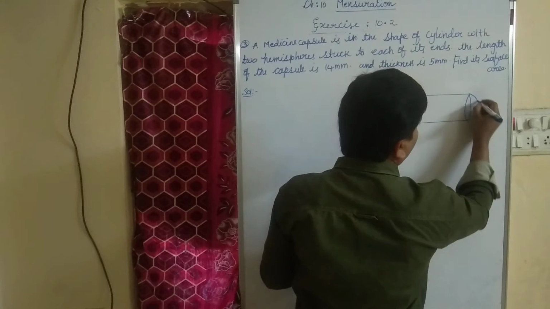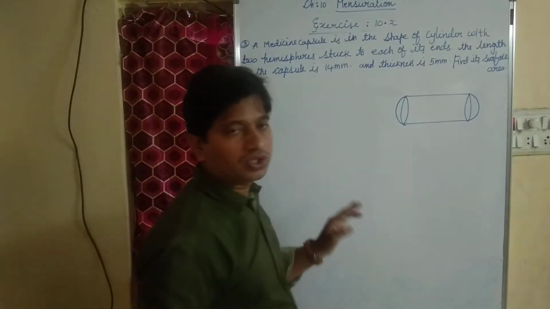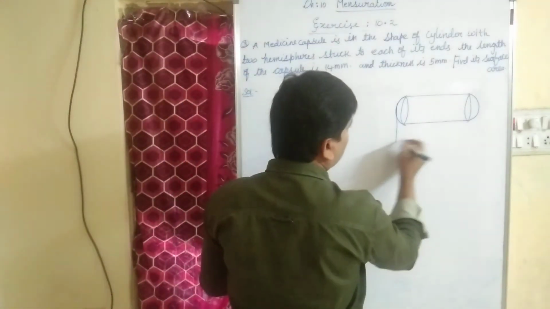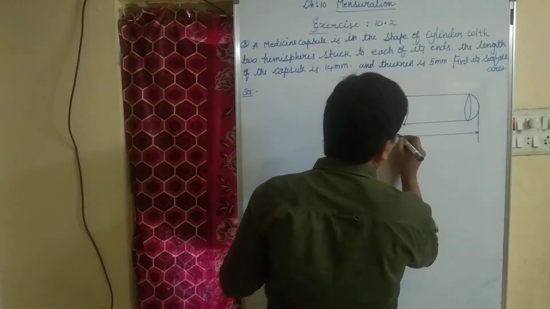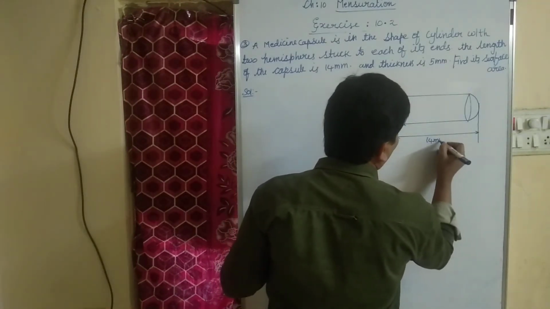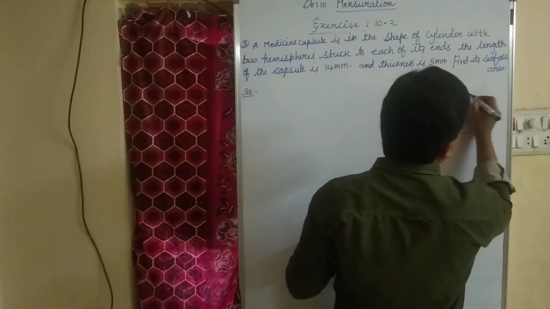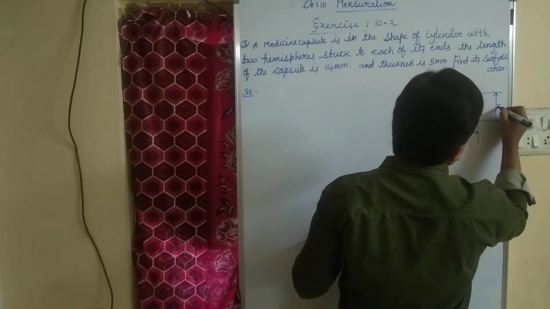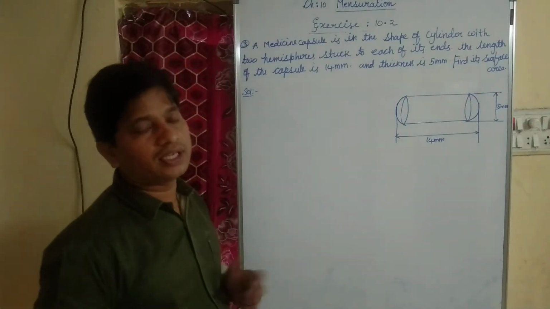This is one hemisphere and this is one hemisphere. So this is our first statement, and the total length of the capsule is 14 mm, and its thickness is 5 millimeter. So find its surface area.